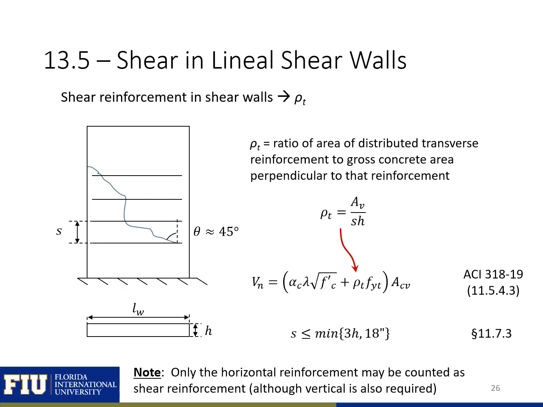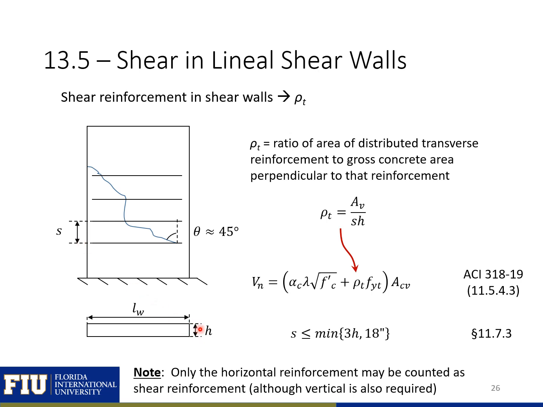We account for the shear strength provided by the transverse reinforcement using rho T, or the transverse reinforcement ratio. So this rho T is equal to the area of our transverse reinforcement divided by the spacing of the transverse reinforcement times h.